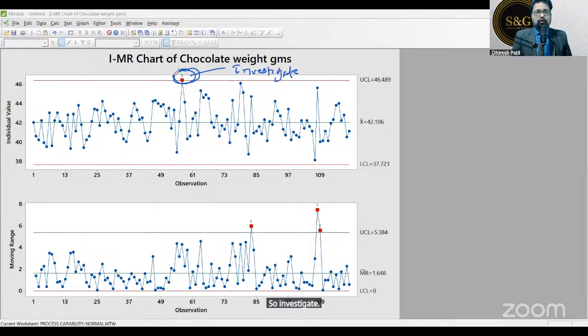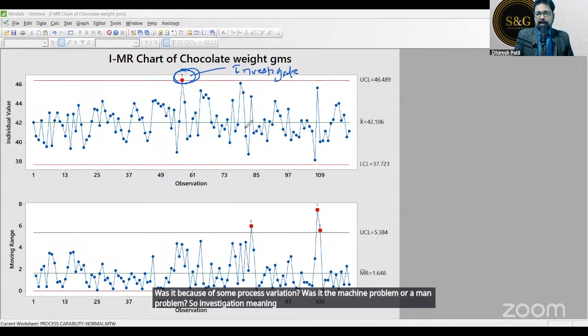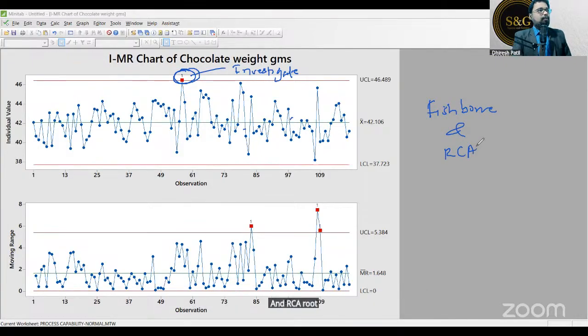What happened here? What exactly went wrong at around sample number 55? Was it because of some process variation? Was it a machine problem or a man problem? So investigation, meaning simple: any control chart investigation requires fishbone and RCA, root cause analysis. Fishbone followed by RCA.